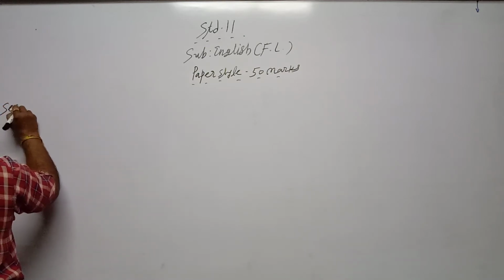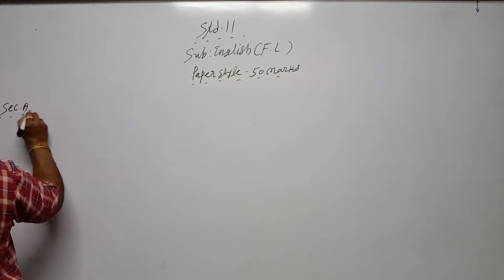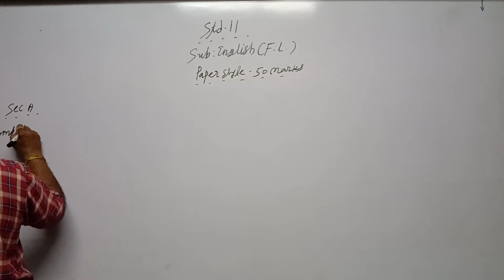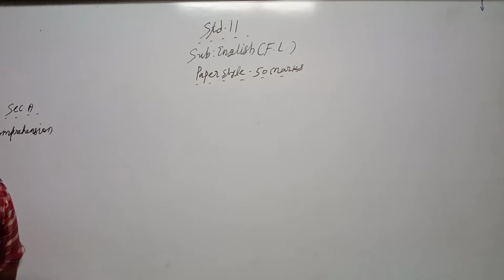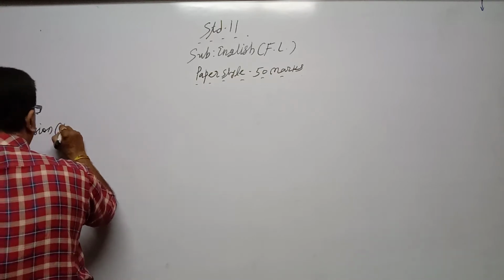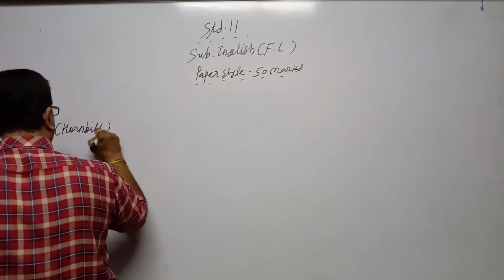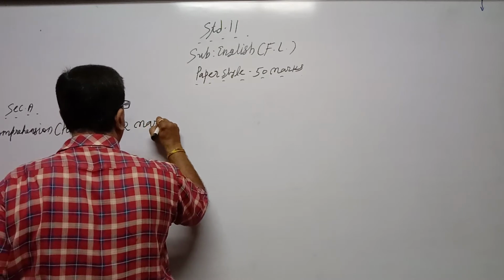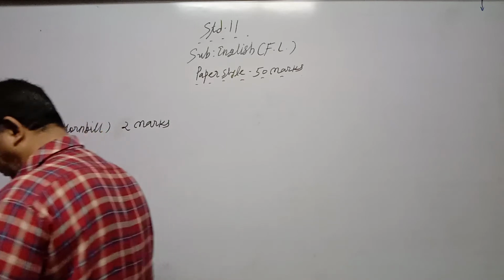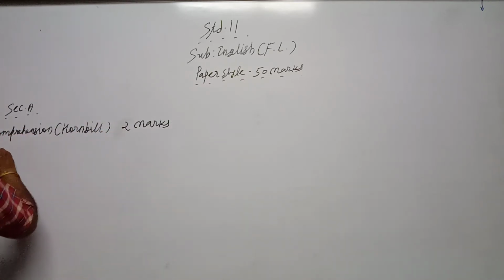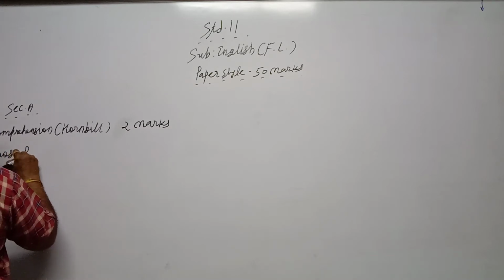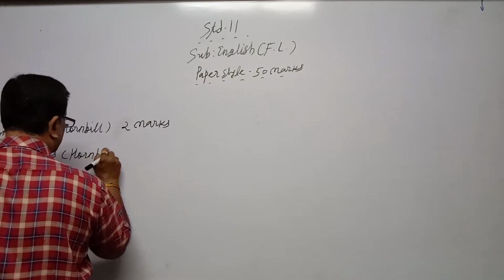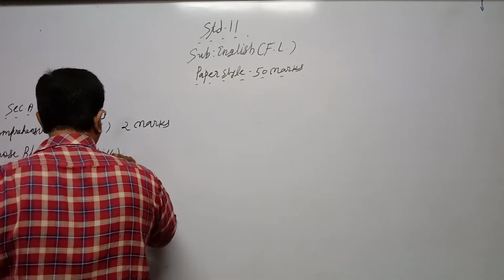Section A, comprehension, Hornbill, two marks. Cross blanks, Hornbill, two marks.